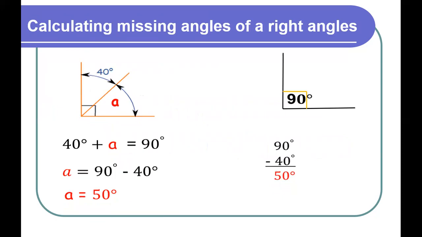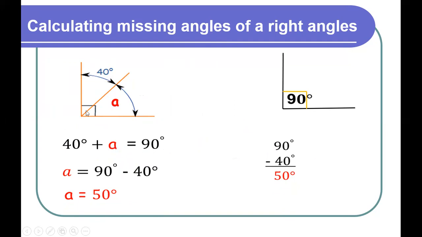If you could see, we have the right angle here. This part is 40 degrees and the missing angle is angle A. Remember, a right angle has 90 degrees. So when you solve, you say 40 degrees plus A equals 90 degrees.